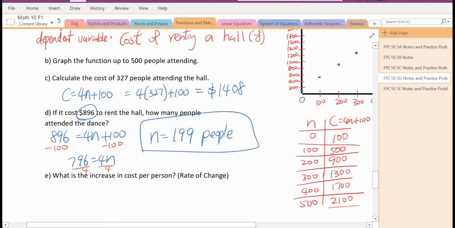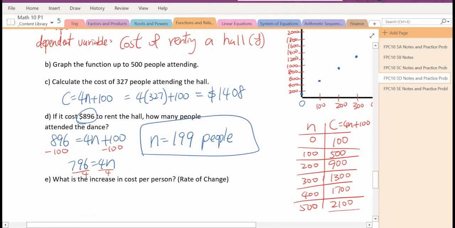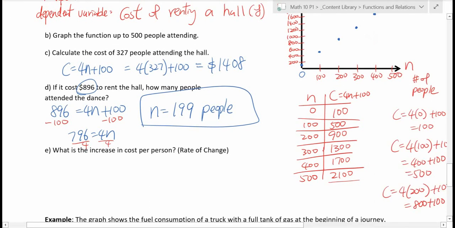Finally, part E, it says what is the increase in cost per person? Well, you can see from the table that when you increase by 100 people, you increase the price by $400. Then how much is the increase per person?